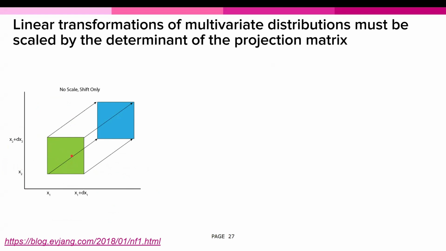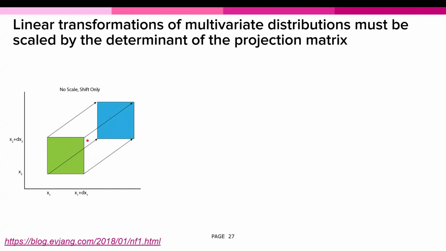A trivial one would be if we were to simply shift this. In such a case, we haven't changed the rate at which our source variable x is changing relative to the target variable y. So we wouldn't need to adjust the probability distribution in this case.